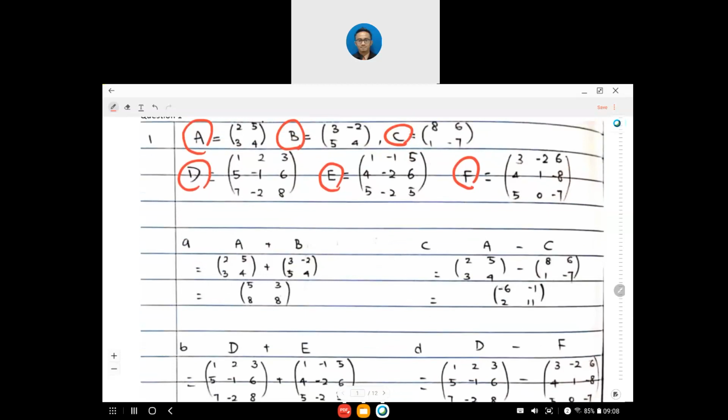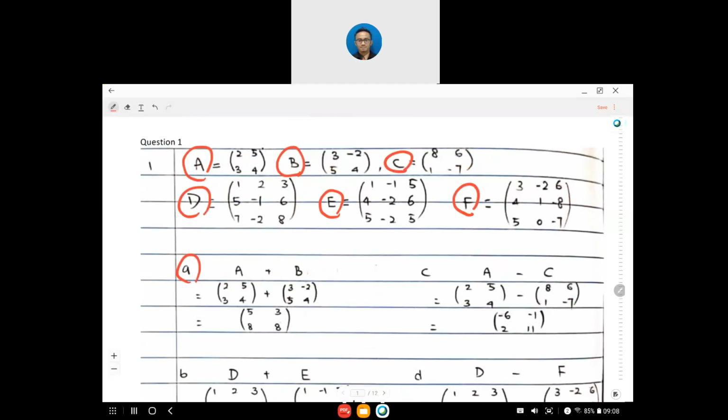Okay, so look at question A. You want to find matrix A plus B. Matrix A is a 2 by 2 matrix, and matrix B is also 2 by 2.